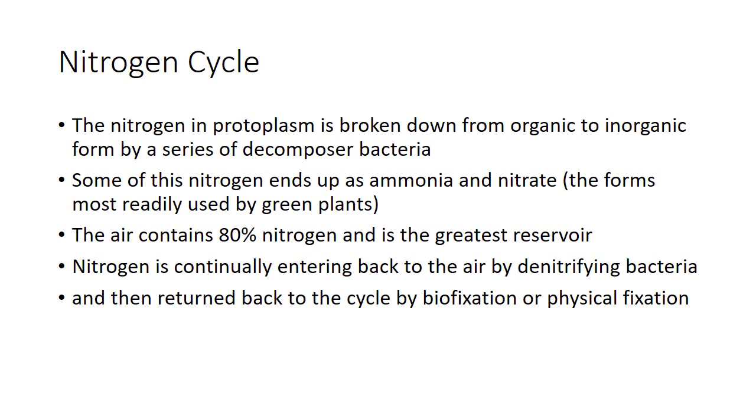Some of this nitrogen ends up as ammonia and nitrate, the forms most readily used by green plants. The air contains 80% nitrogen and is the greatest reservoir. Nitrogen is continually entering back to the air by denitrifying bacteria and then returned to the cycle by biofixation or physical fixation.